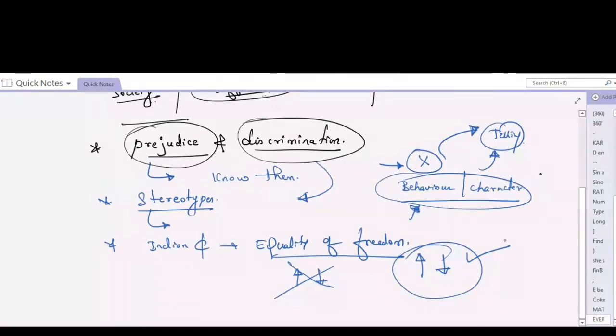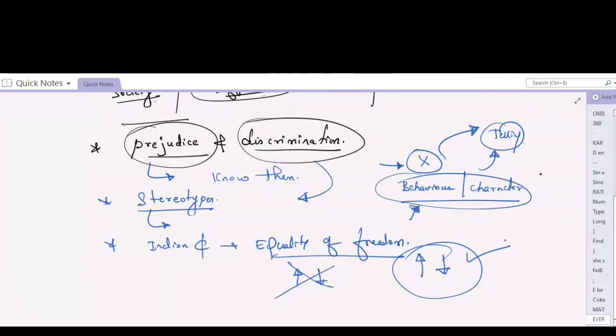The discrimination has not come down even though the Indian Constitution has assured equality of freedom and opportunities for men and women. Why? What is the reason? It's a 2 mark question. This question is important. Can you tell me what is the reason behind this?